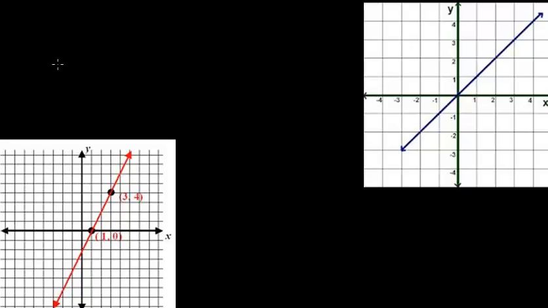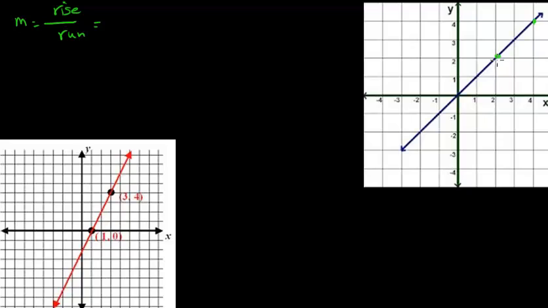Now let's work with a new example. On this graph, we are asked to calculate the slope of the line. We know that the slope is rise over run. Now we pick 2 points on this line in order to calculate the slope.